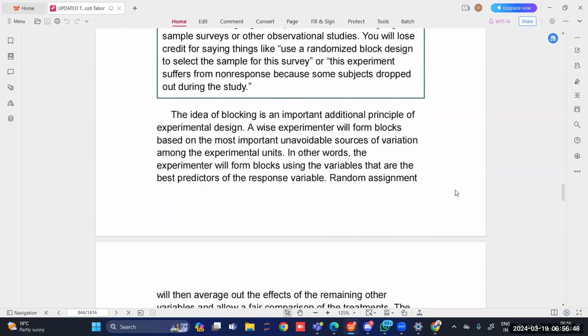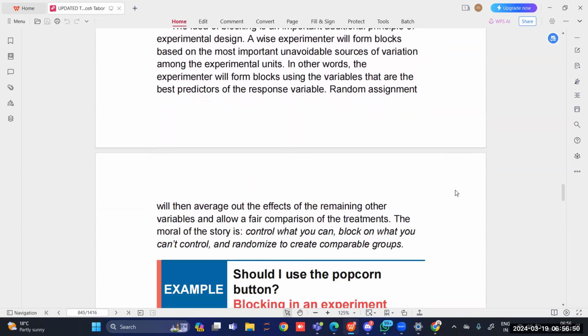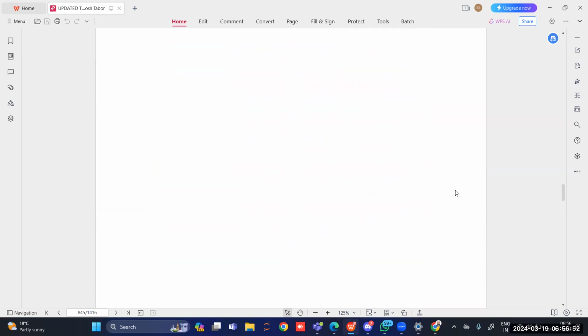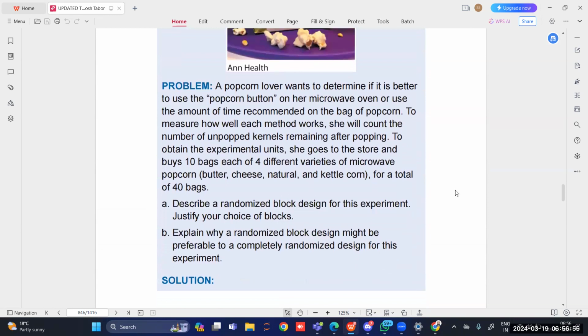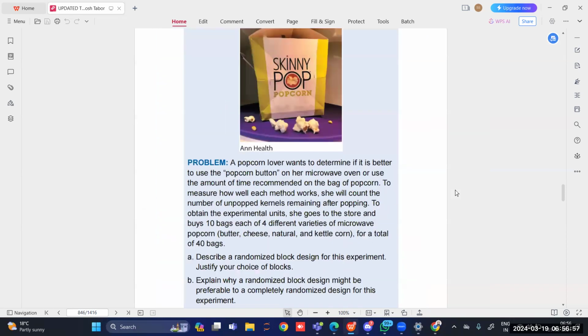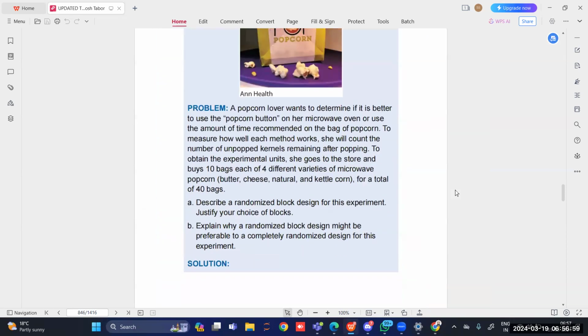Is it clear how to do this experiment and how to randomly assign the blocks? Okay, now you have to give me this answer for this. Come on.